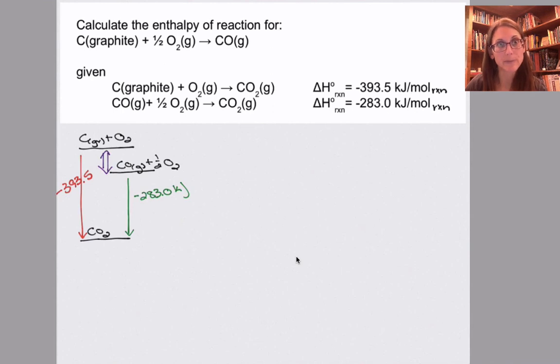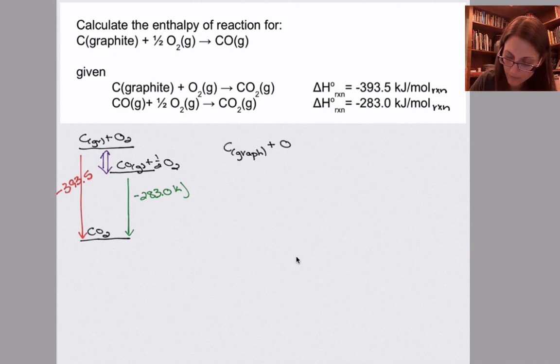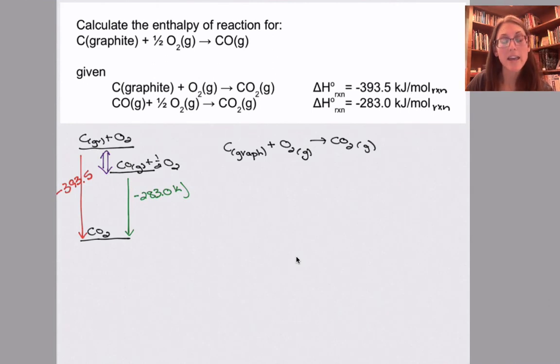And so there's a way to manipulate these equations. Well, what we're going to do is take the first equation and leave it as is, because that first equation resembles my target equation in that it has graphite on the left side of the equation. That's what I want. The second equation I'm going to manipulate.